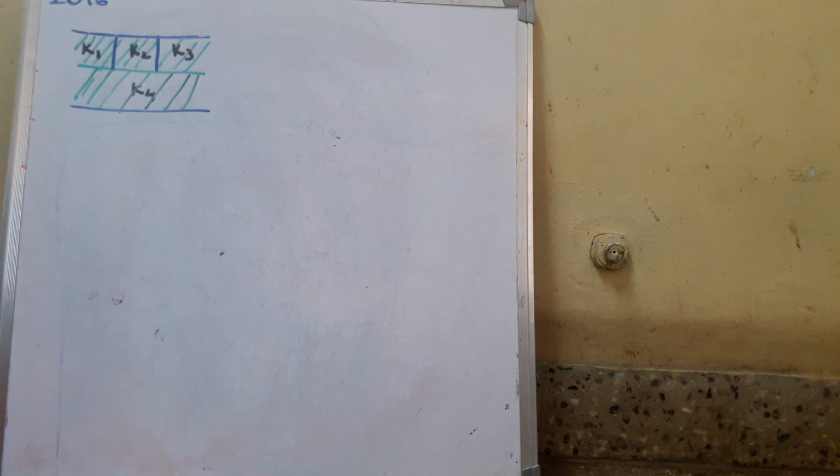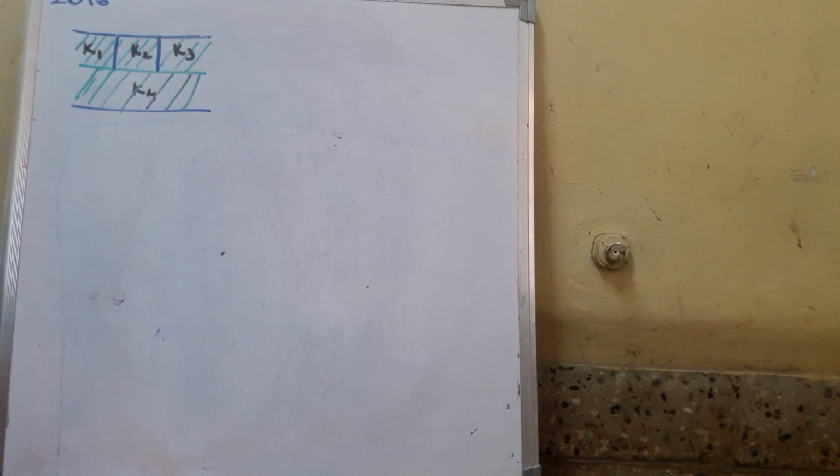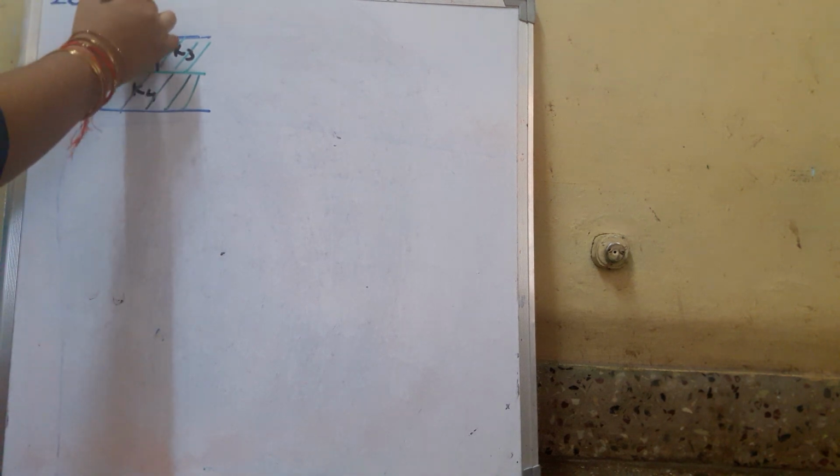Okay, so let me complete repeating the question. Now they are saying, if a single dielectric material is to be used to have the same capacitance C in this capacitor, then its dielectric constant will be. So you are supposed to find, if I want to replace this with a single dielectric, what its dielectric constant will be. That is what they are asking. So initially this is your figure.